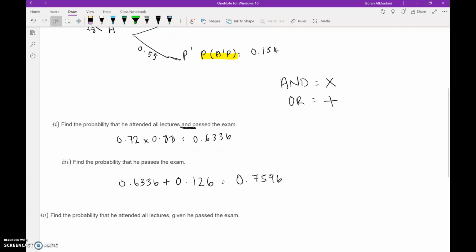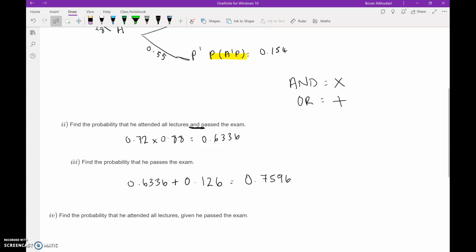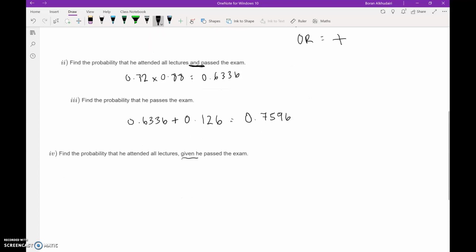All right. And here is the final question, which is a given probability, which means it needs a reduced sample space. Find the probability that he attended all lectures given he passed an exam. The way we write these probabilities is probability that, so the one we want to calculate goes first in our abbreviation here.